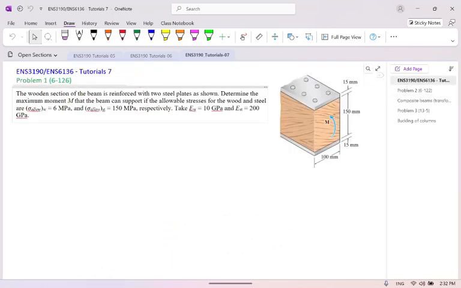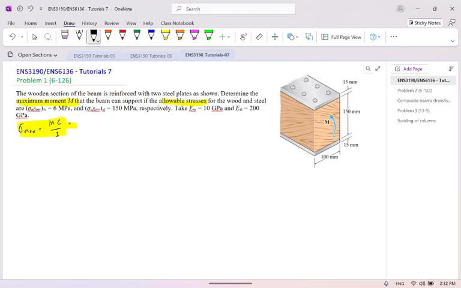Based on this, we are asked for the maximum moment M that can be applied, given the allowable stress. From the knowledge we know before, sigma max equals M C over I. This equation is very important for finding the maximum normal stress.